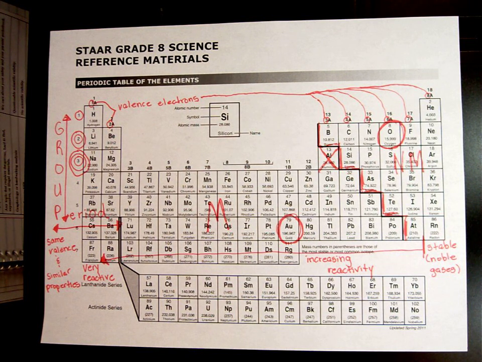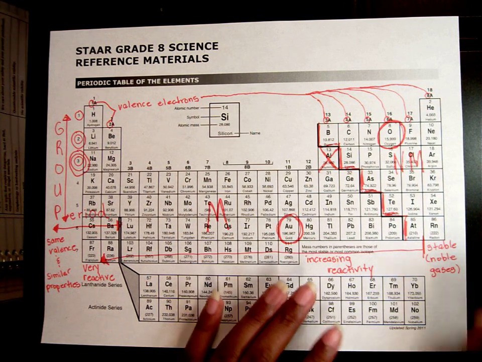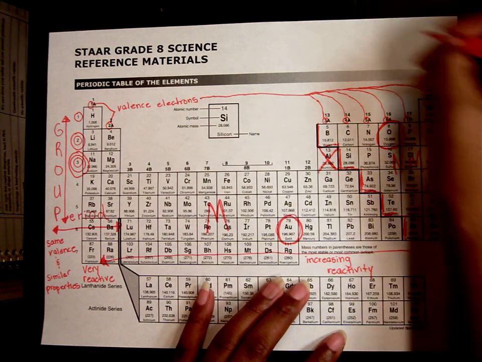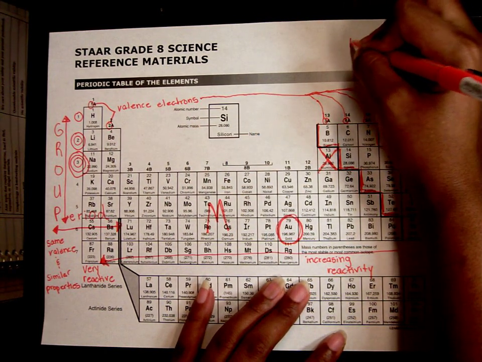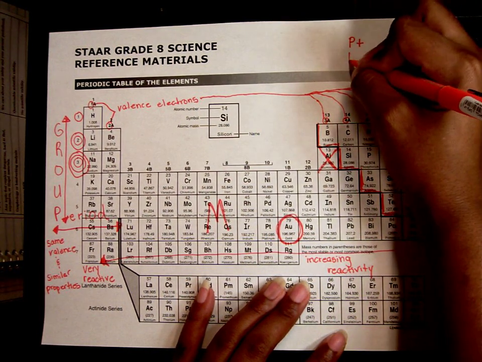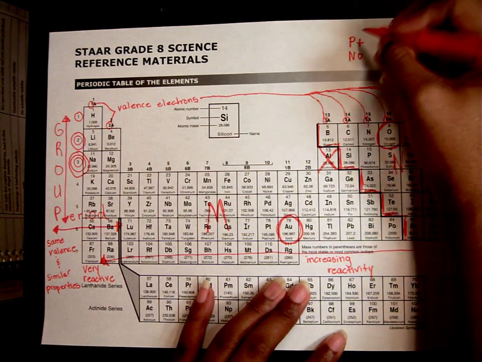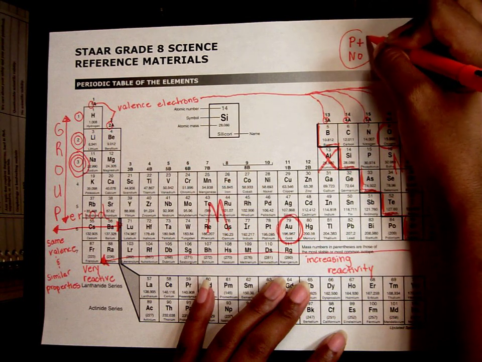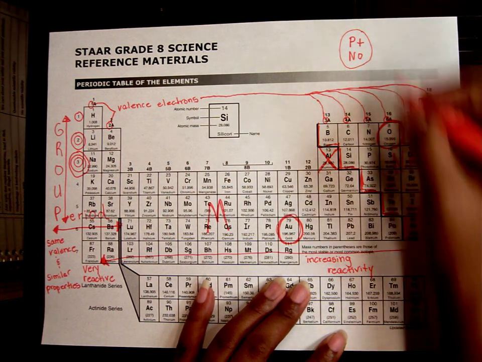All right, next thing that we're going to do, we are going to draw in an atom up here. So we know that protons are positive, neutrons are neutral, and they are found in the nucleus.